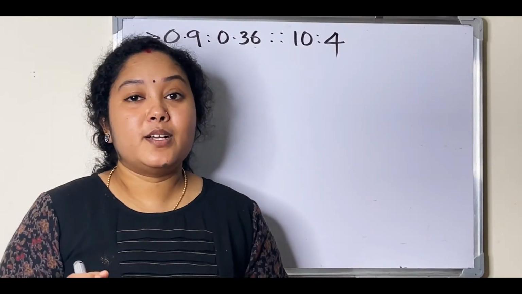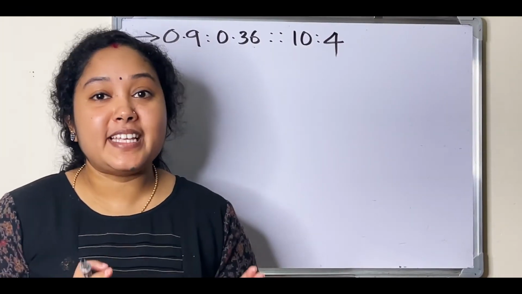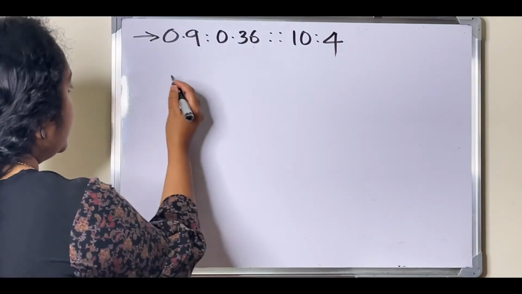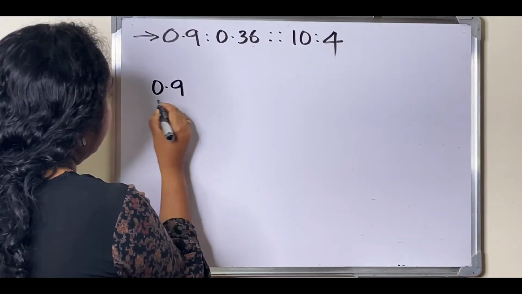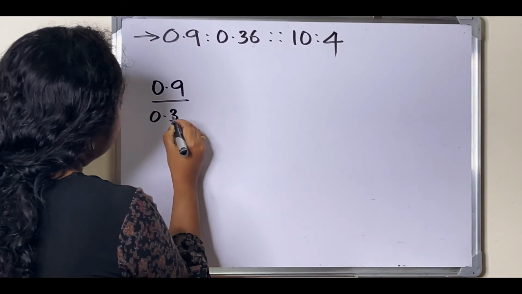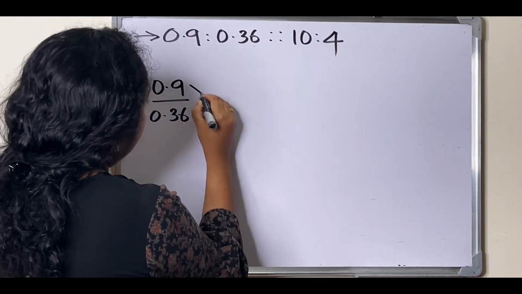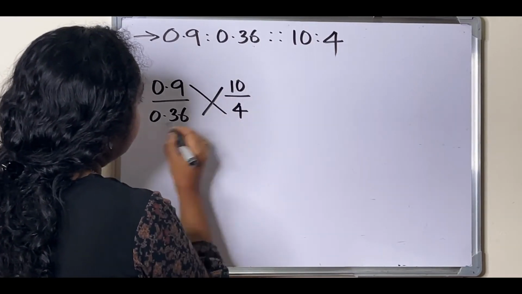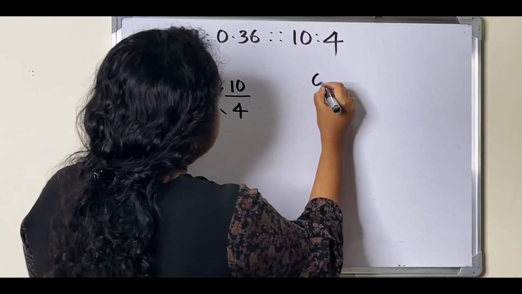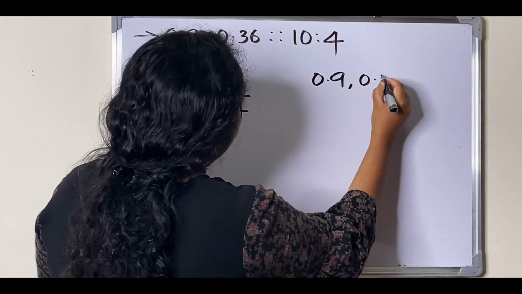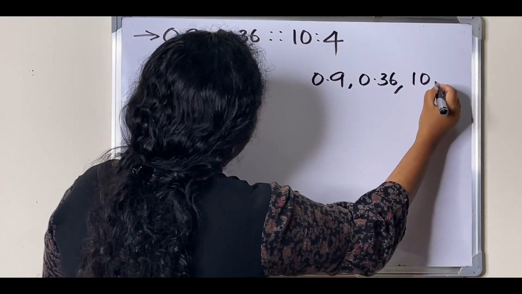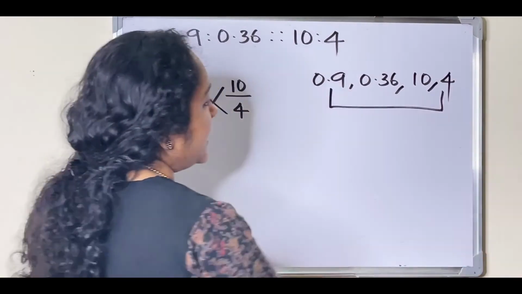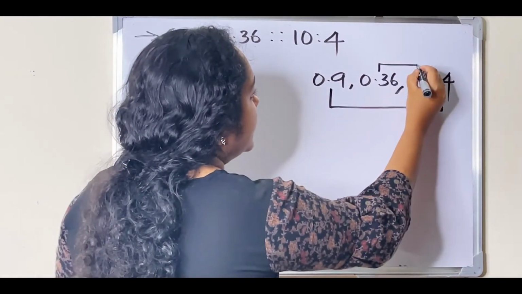Next method is cross multiply the ratio, or multiply the extreme terms and multiply the middle terms. So 0.9 by 0.36 and cross multiply with 10 by 4. 0.9, 0.36, 10, 4 are the four terms. Multiply the extreme terms and multiply the middle terms.